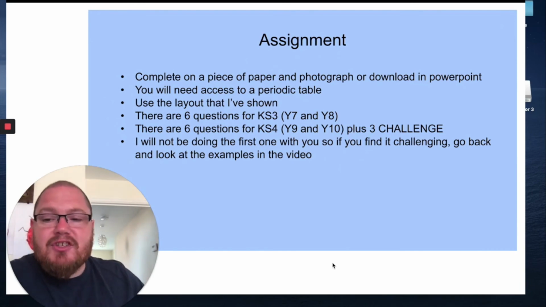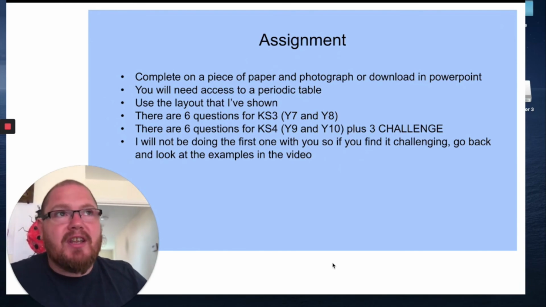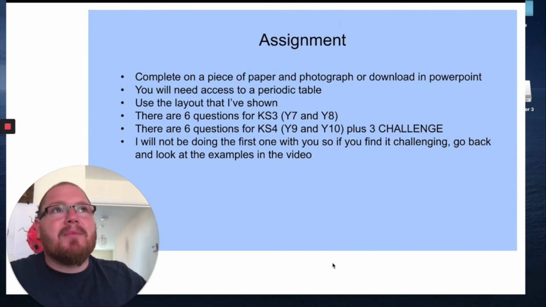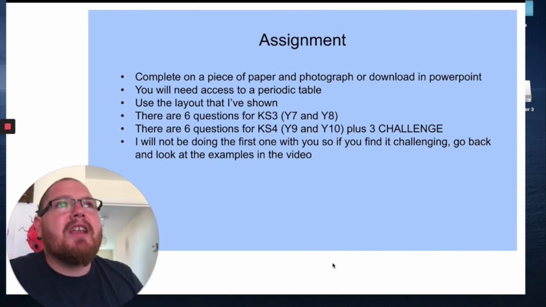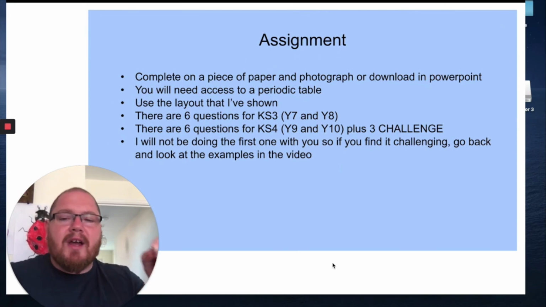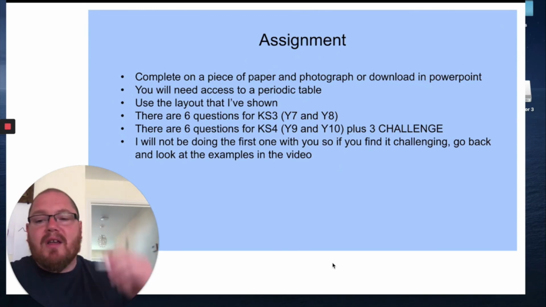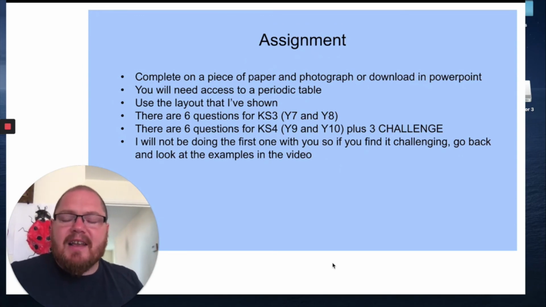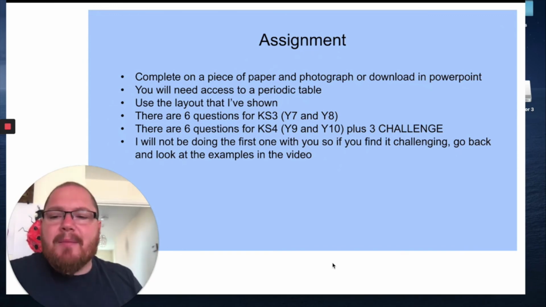So for Key Stage 3, you're going to be given the boxes, or it's just a simple case of writing it out. You don't even need the table, you just need to write it out in that format. So identify your element, how many have you got, what's the mass number, that sort of thing. Nice and clear, especially in exam, because examiners love process, okay? You get marks for process.